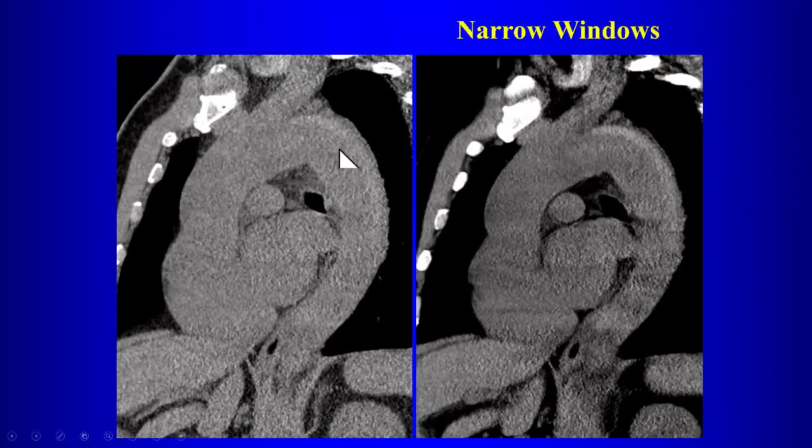What can help you when you're looking at this is to narrow your windows. On narrow windows, like you use for looking for blood in the brain, the intramural hematoma with the hyperdense crescent is a little bit easier to see. So always do that, looking for that intramural hematoma.